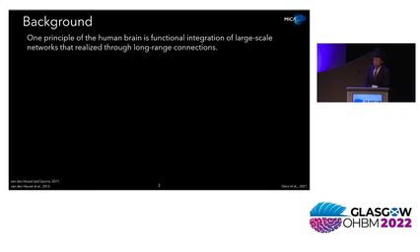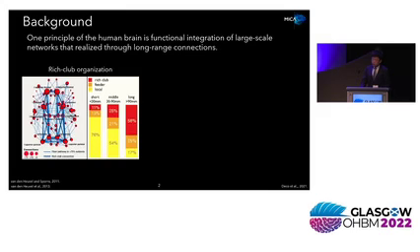One principle of the human brain is functional integration of large-scale networks that is realized through long-range connections. Taking advantage of multimodal neuroimaging data, we can construct brain networks. Although most connections in the brain network are short-range, a small number of long-range connections play a crucial role in integrating information.